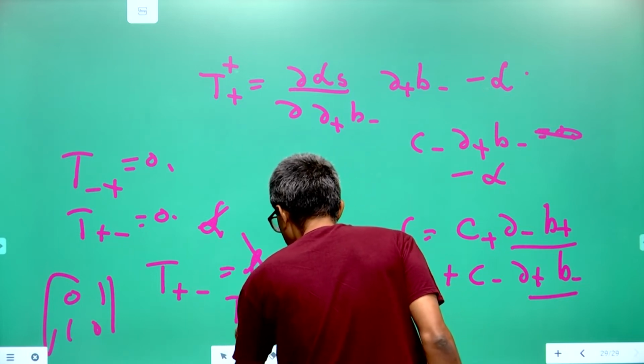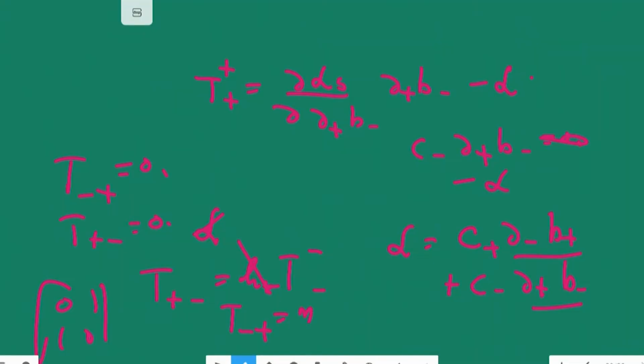And similarly T minus plus is nothing but h minus plus multiplied by T plus plus. So h minus plus is 1, and this is nothing but T plus plus. So T minus plus and T plus minus are 0, which means that the trace of the energy momentum tensor of the ghost field is 0.